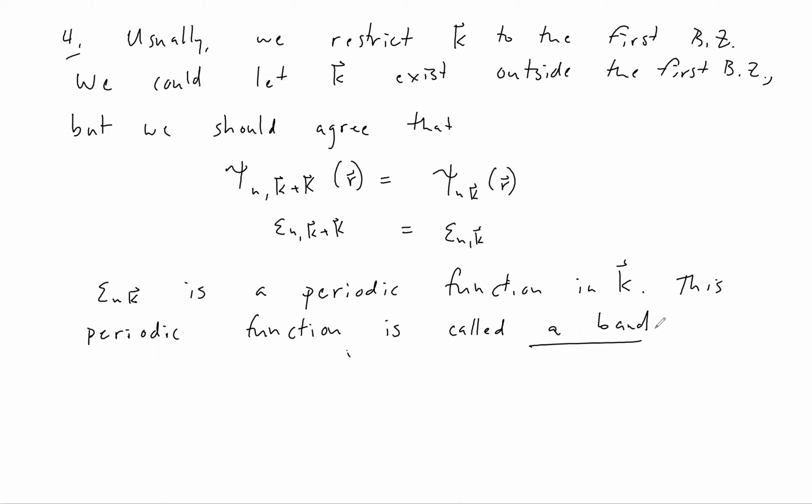If we decide to allow K to exist outside the first Brillouin zone, we need to agree that wave functions and also eigenvalues associated with two values of k that differ by a reciprocal lattice vector should be the same. What this means is that E is a periodic function of the wave vector k. It has the periodicity of the reciprocal lattice. Because it's periodic, it has a maximum and a minimum. It is therefore called a band. This is the origin of the term energy band. And it's something we'll continue to discuss in the coming days and mini lectures.